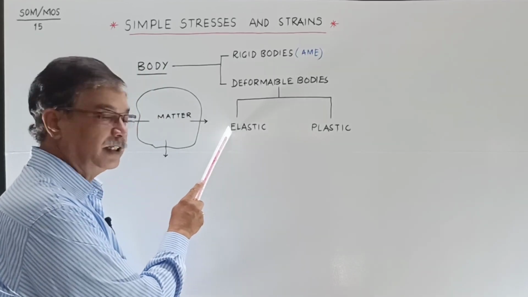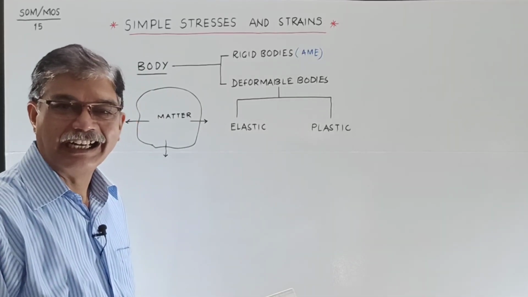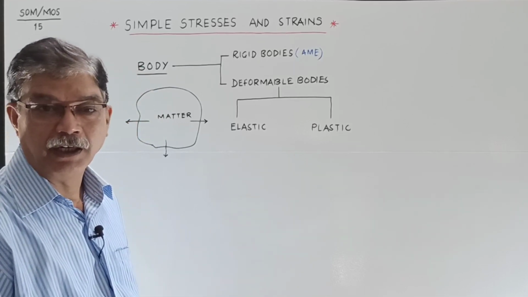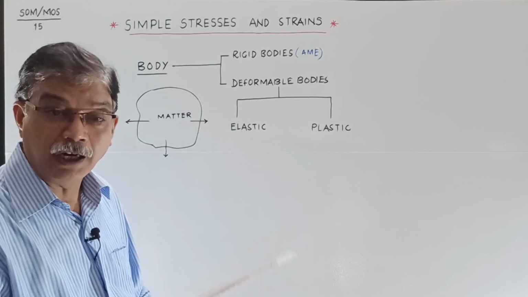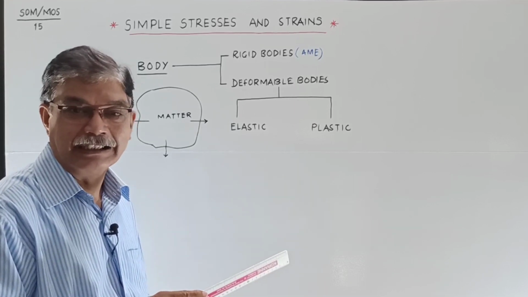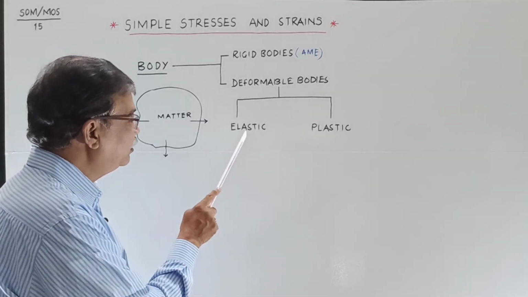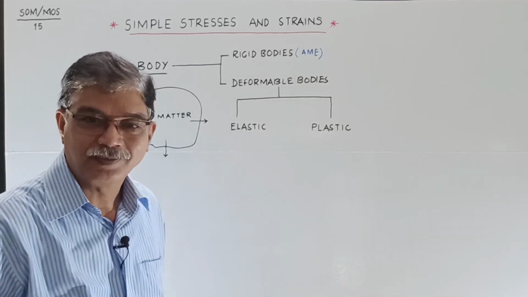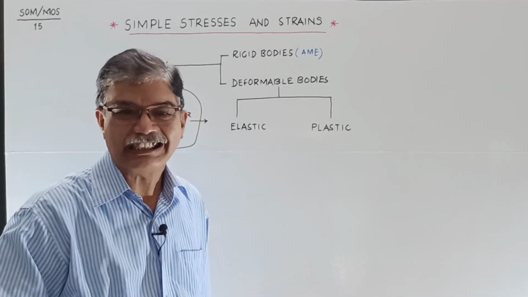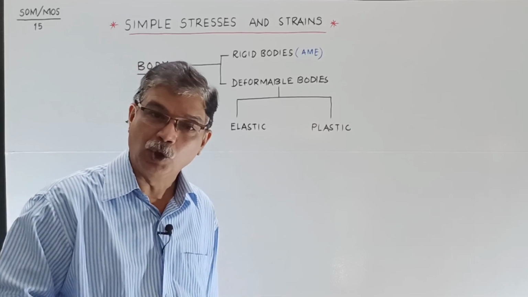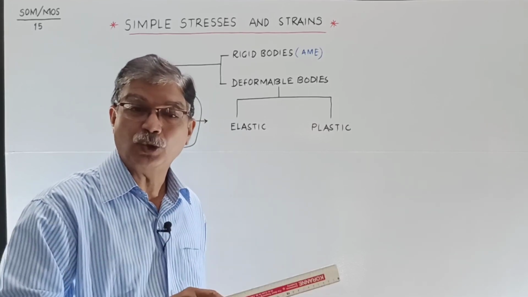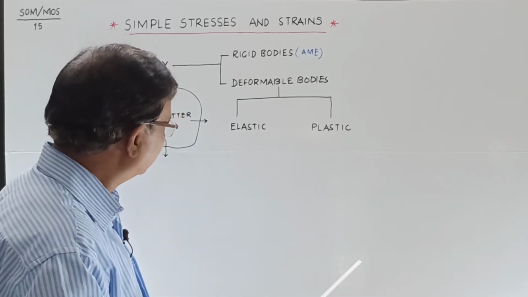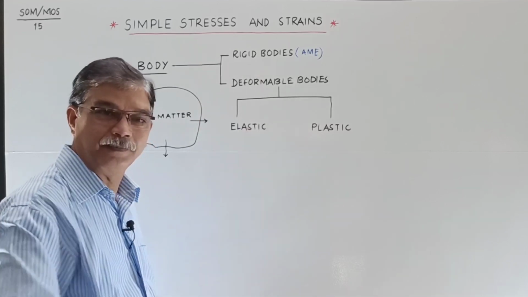The body which changes its dimension when the load is applied to it, but comes to its original dimension after removal of the load, is known as elastic body. So the body which changes its dimension due to loads but regains its original dimension after removal of the load is known as elastic body.